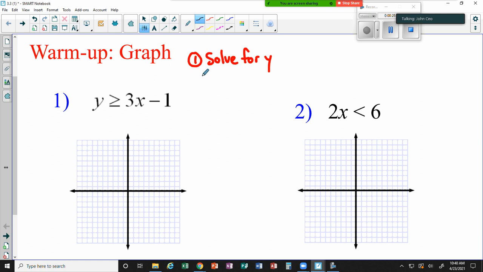The thing you got to remember here is if you're multiplying or dividing by a negative, what do we have to do if we have an inequality? Multiply or divide by a negative, when you're going to solve for y, you have to flip your inequality.